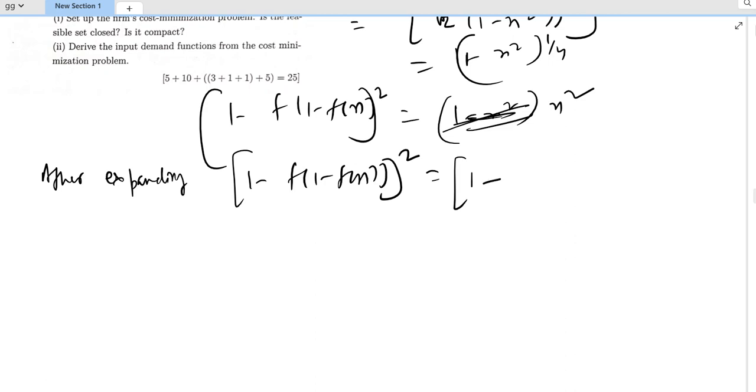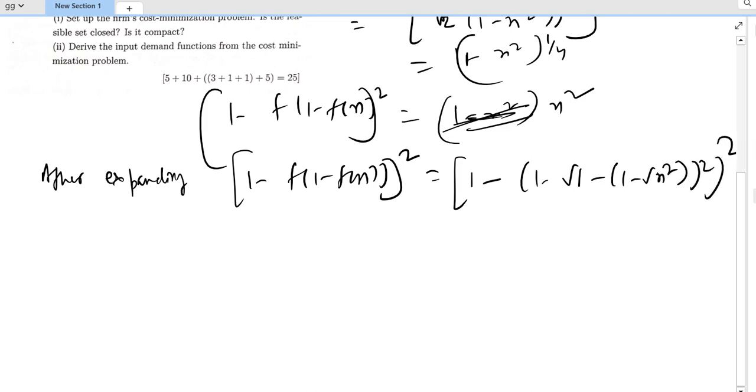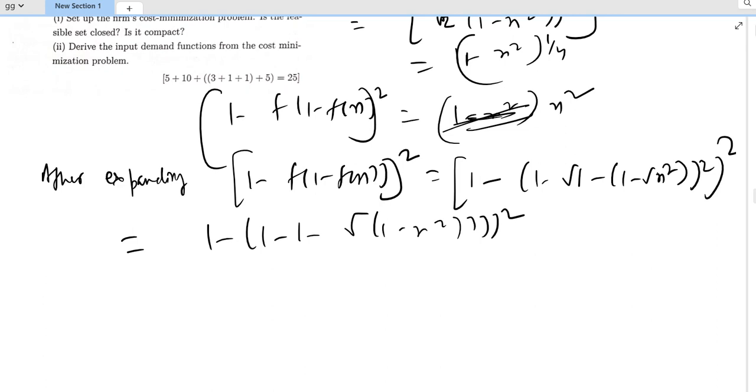Let's go for a little bit of simplification, which is very much needed. So 1 minus root over 1 minus x square, all to the power 2. Finally this root of 1 minus x square, and this is a square.